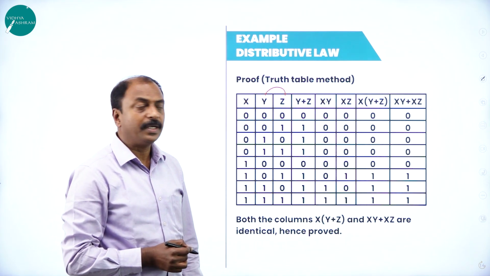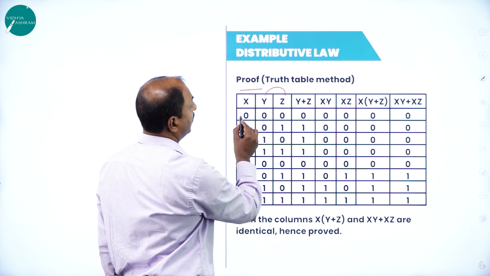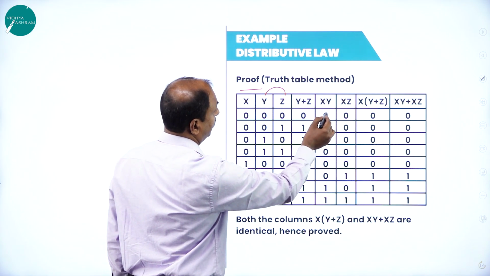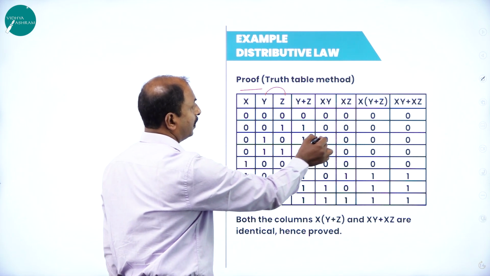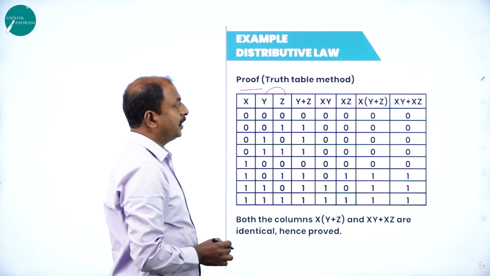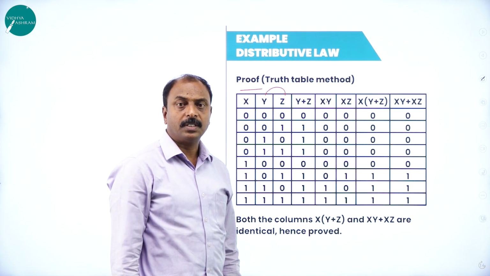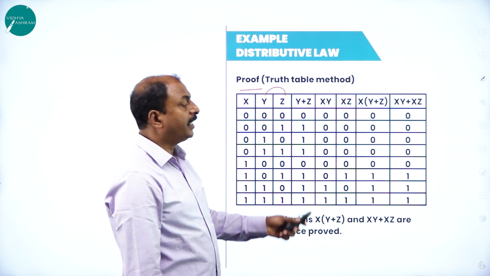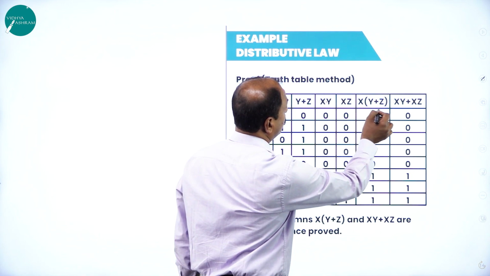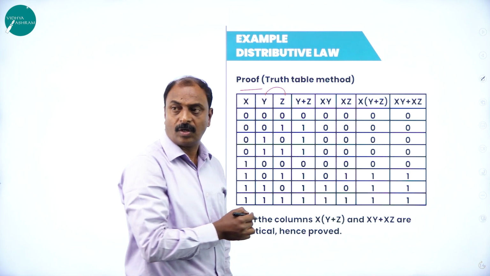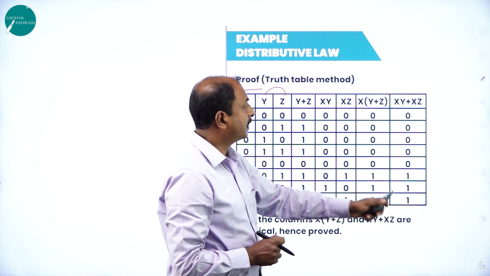This is logical multiplication, so 0 into 0 is 0. Accordingly, we follow this. Here we are working with logical addition and logical multiplication, the OR and AND operators. Then another column is x into y plus z, and another column is xy plus xz.